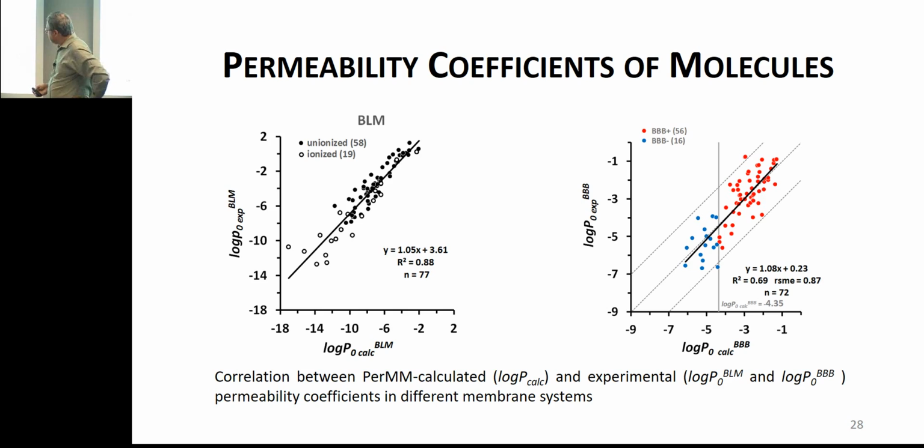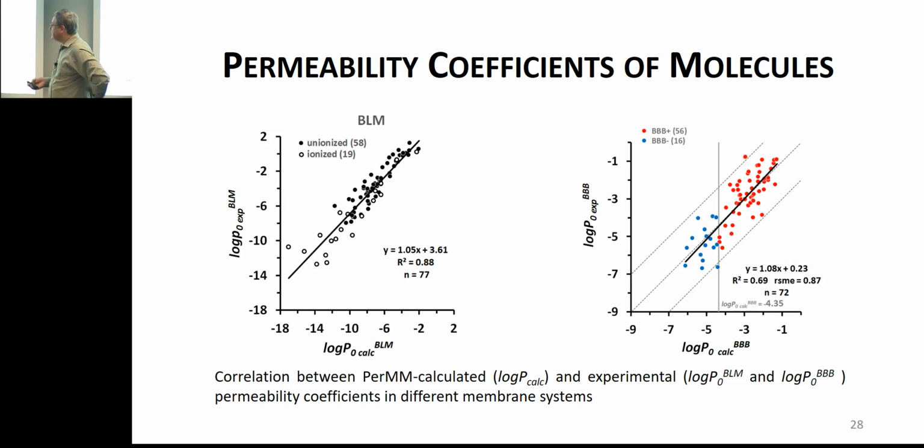But even in that case, there is a sufficiently good correlation between our calculations and the results of permeability through the BBB. And it is possible to at least approximately distinguish compounds which penetrate or don't penetrate into the central nervous system.